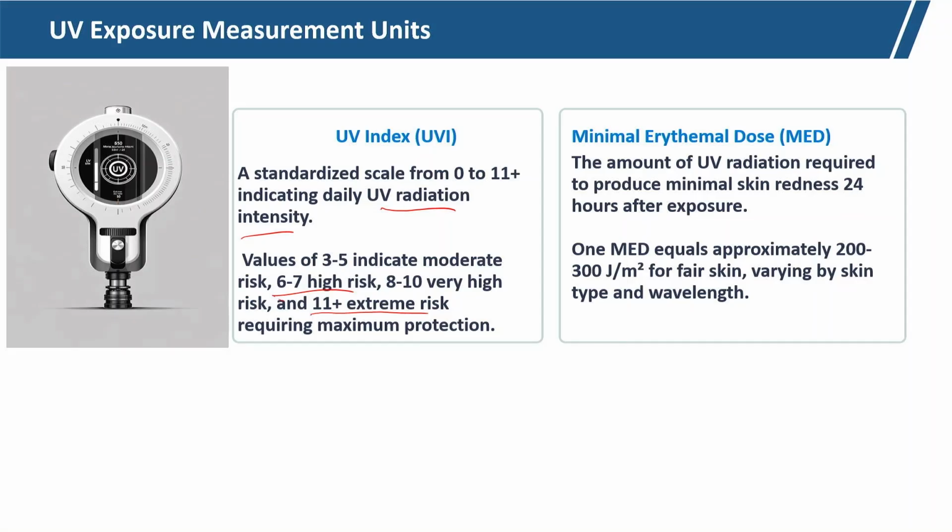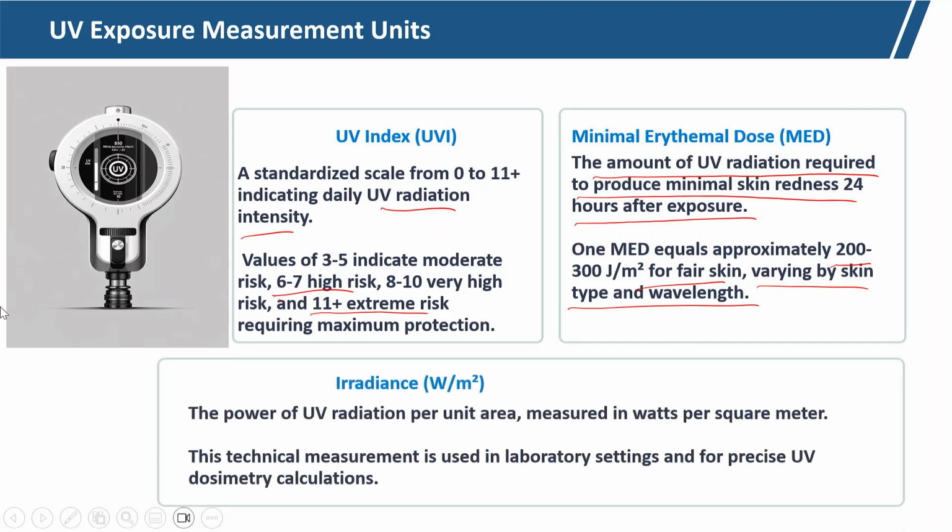Minimal erythemal dose is the amount of UV radiation required to produce minimal skin redness in 24 hours of exposure. 1 MED equals approximately 200 to 300 joules per square meter for fair skin, varying by skin type and wavelength. So, MED is also a UV exposure measurement unit.